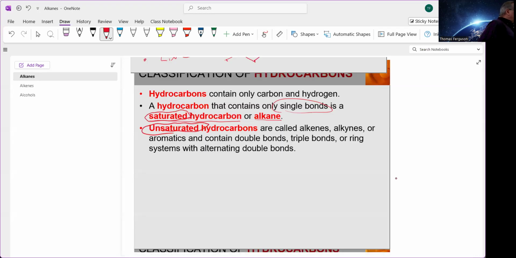Unsaturated fats, like oleic acid, have one double bond in them, and that's considered an unsaturated fatty acid. There are also polyunsaturated fatty acids, which contain multiple double bonds. So this concept of saturation is used a lot in the health industry.